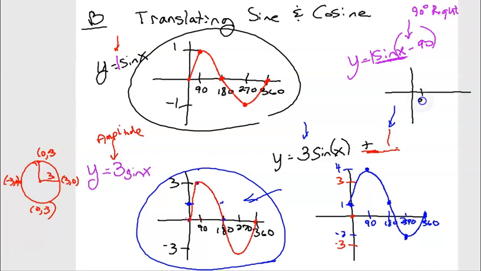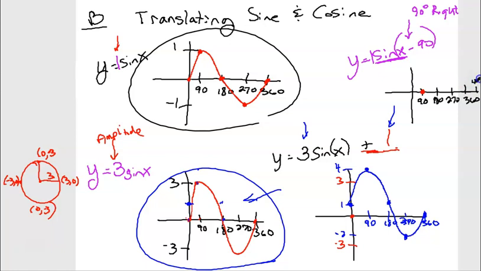So you're going to start at 90, which is your starting spot, shifted 90 degrees over. And then you're going to count by 90 degrees. So this is going to be 180, and then 270, then 360. And then notice you still need to add 90 more to that, 450.